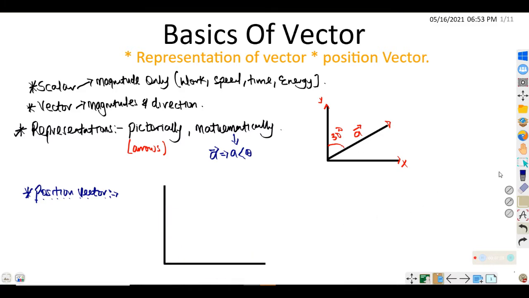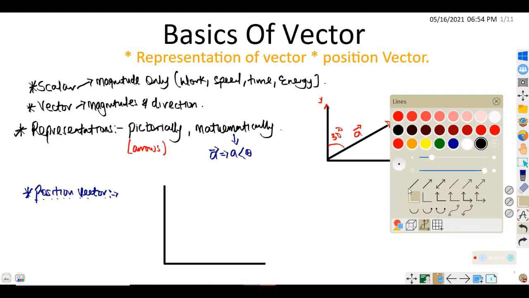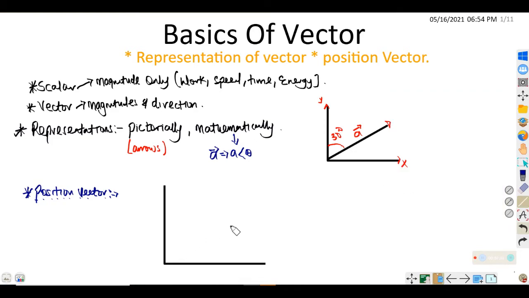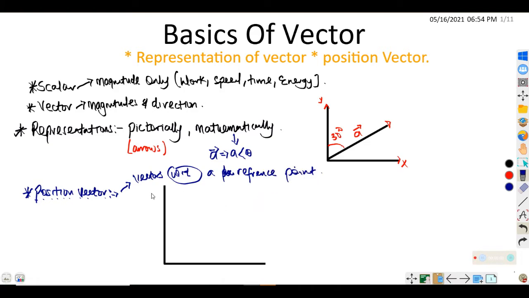When we say position vector, we mean a vector with respect to a reference point. Because of the definition, some of you might be asked to define position vector: a vector with respect to the reference point.